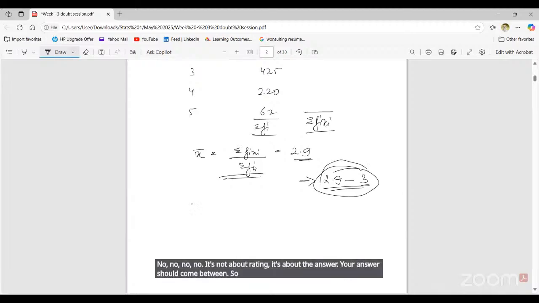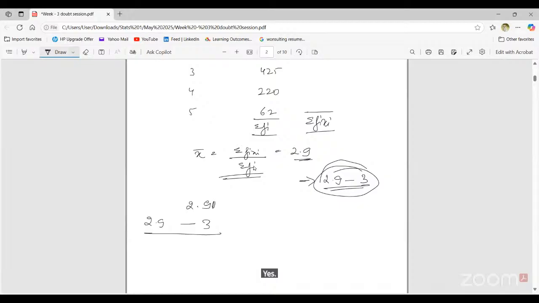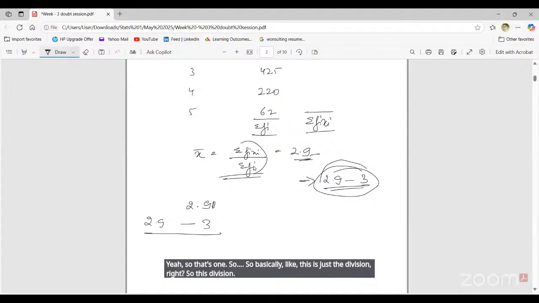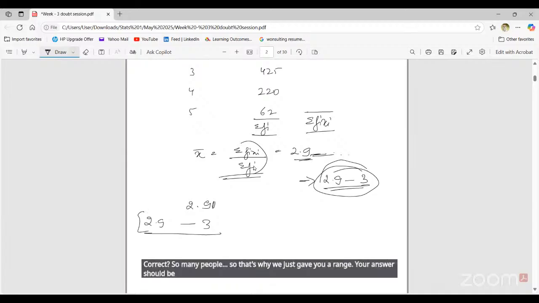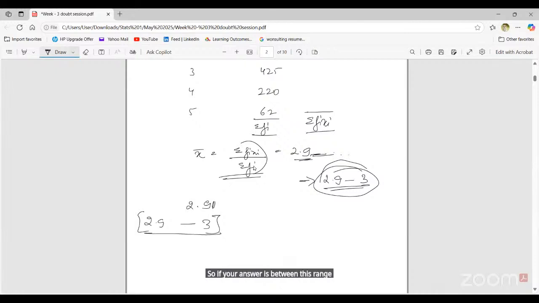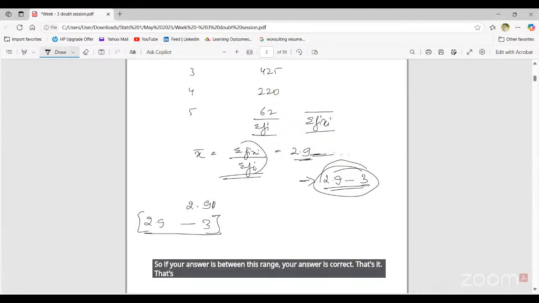If my answer is, let's suppose, 9.1 something, so this 9.1 is coming in between 2.9 to 3, correct? Yes, ma'am. This is just a division, right? This division can have a lot of decimals, so many people, so that's why we just gave you a range. Your answer should be in between 2.9 to 3. If your answer is between this range, your answer is correct. That's it. That's a range given for your answer.